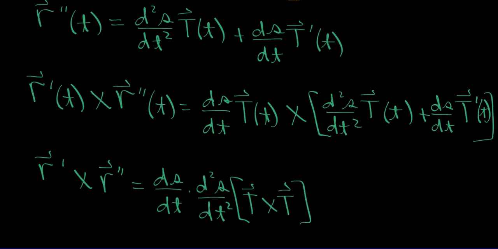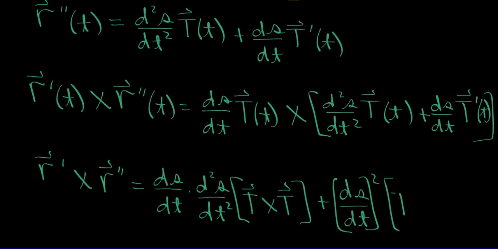See, I've done that. I'm distributing and then factoring out the constant. And then plus over here, ds dt squared times t cross t prime. Okay, how does that grab you? I just used properties of cross product. Okay, everybody see that?